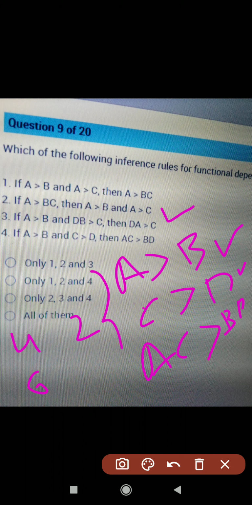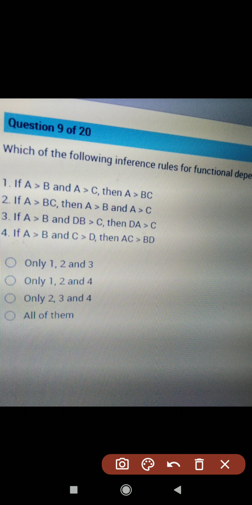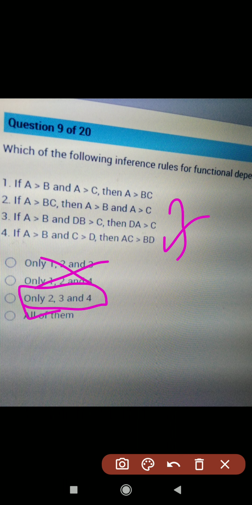Again consider C as 6 and D as, like, 3. So 4 into 6 will be 24, which is greater than 3 2s are 6. Like this it is true, right? So this is also true. Now all these three are true. So the options are like, all these true, so I cannot go with this one. So the only option will be this one, that is only 2, 3 and 4.